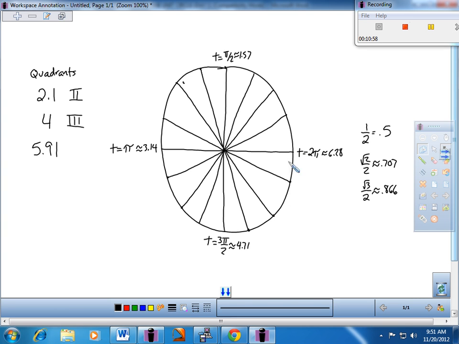So 5.91 is probably a little closer to the x-axis than the y-axis, somewhere in there. Okay, so quadrant 4. All right, good. I'm hoping you're understanding that t can be any real number, and we'll look at some of those a little later on.